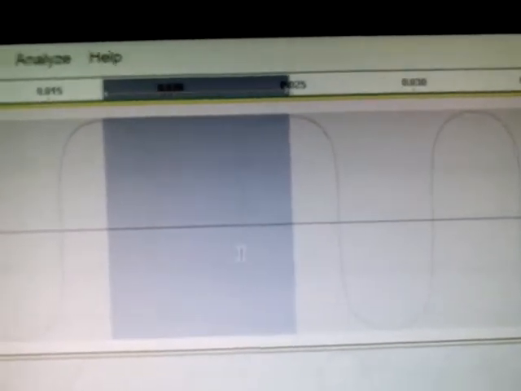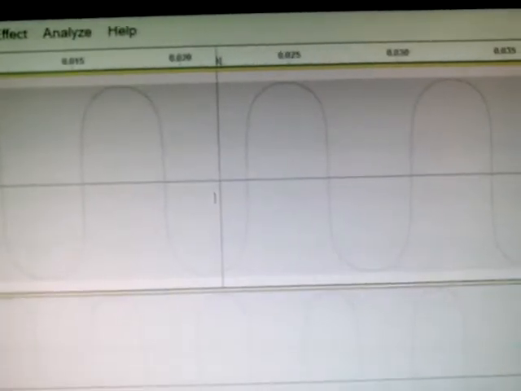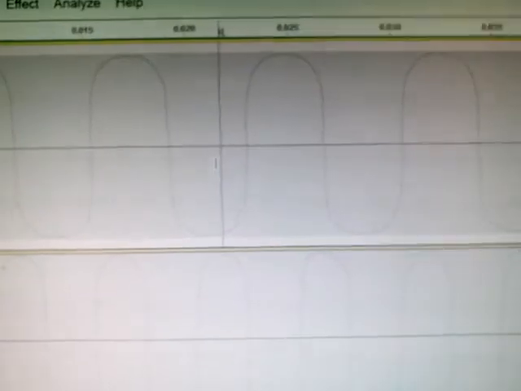And what a wavelength is, it's the distance between, like, that distance, or that distance. If you see a speaker vibrating, it's pulsing in and out.